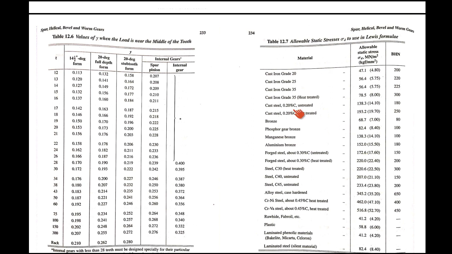And if the question doesn't have the material or the allowable stress value, then we have the freedom to select the material from this. We can assume the same material for the pinion and gear, or we can assume different materials for the pinion and gear. That is our choice. That is the initial part.